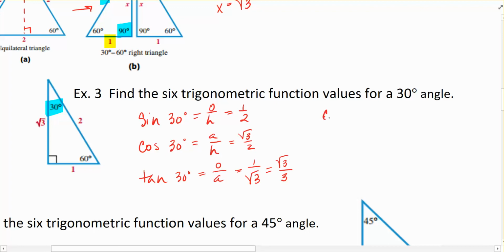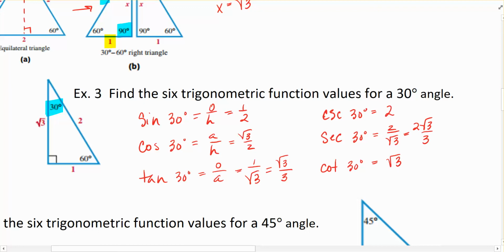So the cosecant of 30 degrees is going to be 2 over 1, or just 2. The secant of 30 degrees is going to be 2 over the square root of 3, or 2 square roots of 3 over 3 once I rationalize that denominator. And then cotangent of 30 degrees is going to be the square root of 3 over 1, or just the square root of 3.